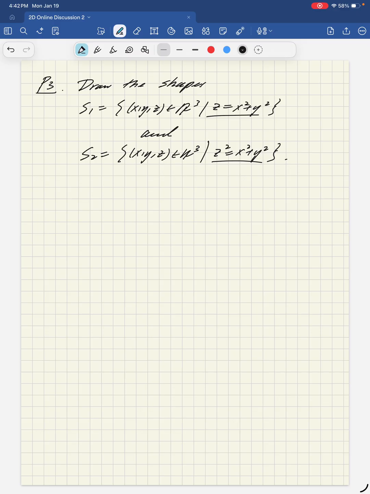So what's the trick to knowing what these two look like? So here's a convenient observation. Notice that in both cases, z is purely a function of the radius.